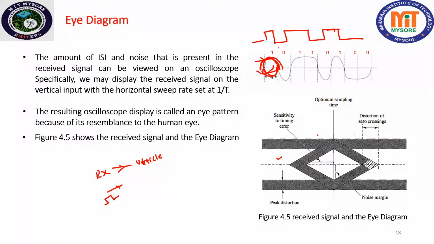If at all the received signals were completely square, we should have got all the samples overlapped in this manner only.